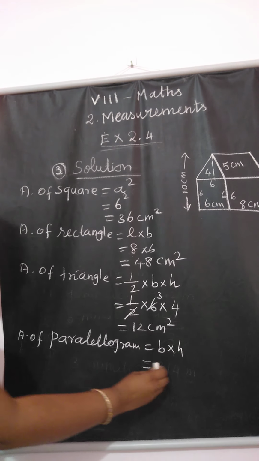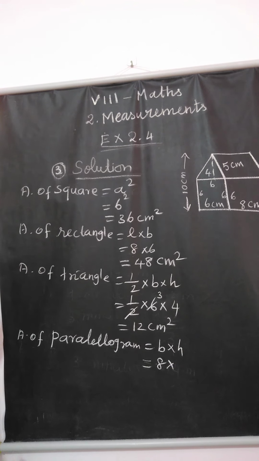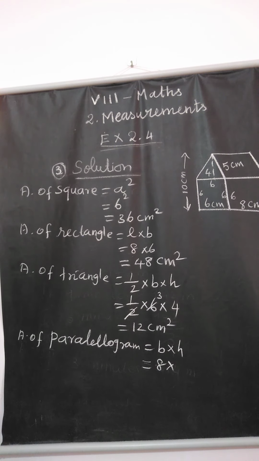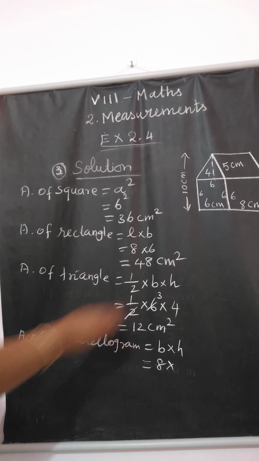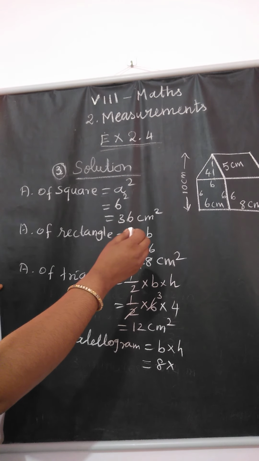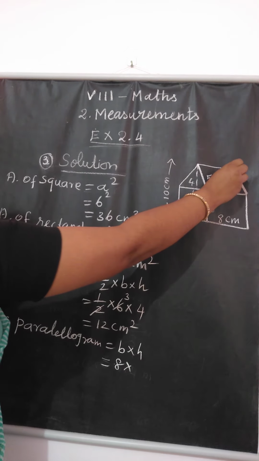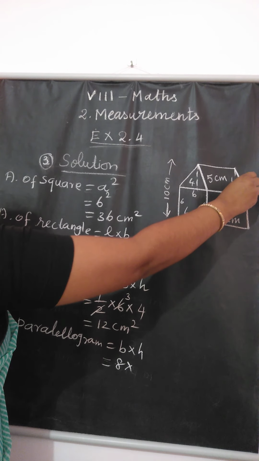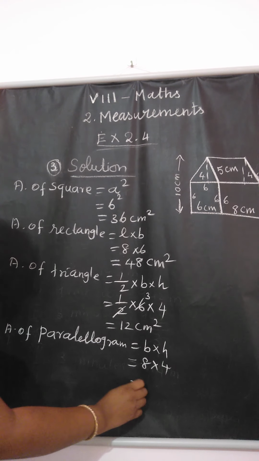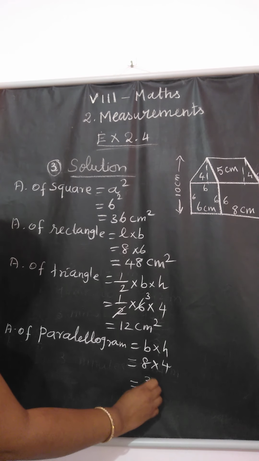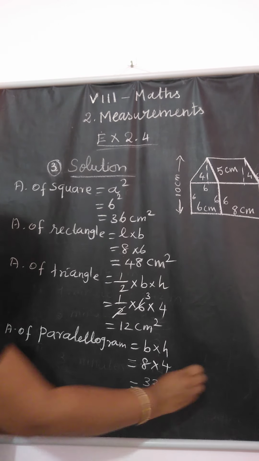So substitute 8 here. The height they didn't mention, but we should take this same height here. So I am going to mention the height as 4 centimeters. Now multiply: 8 4s are 32 centimeter squared.